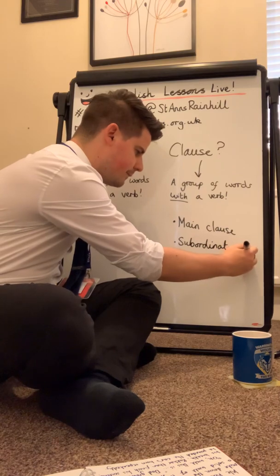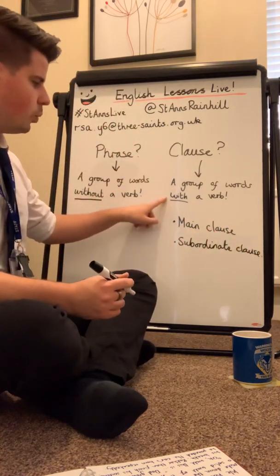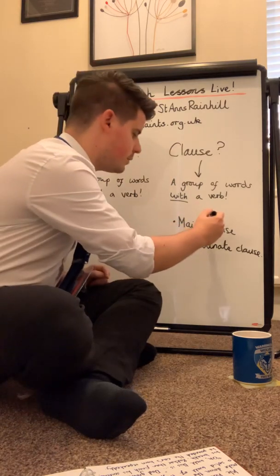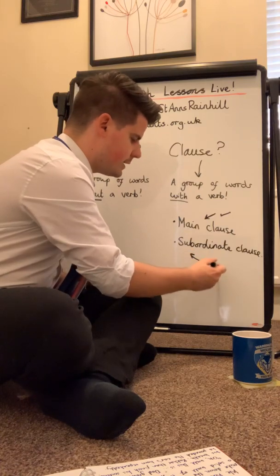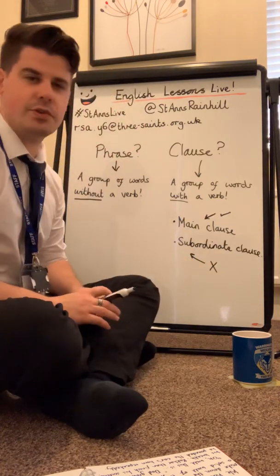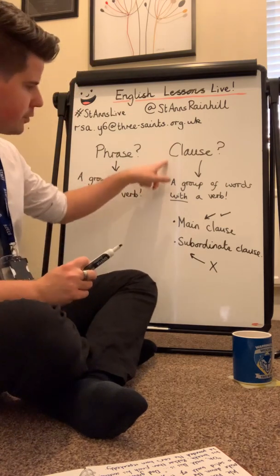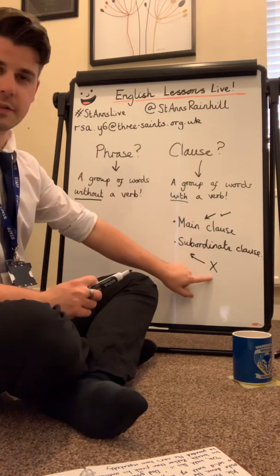It's almost like a flow diagram, really. A clause is a group of words with a verb. A main clause makes sense on its own. I'm just going to give it a tick. And a subordinate clause doesn't make sense on its own. It needs to be attached to a main clause. So if we're ever defining a subordinate clause, we go through this list. It's a group of words with a verb. It doesn't make sense on its own.